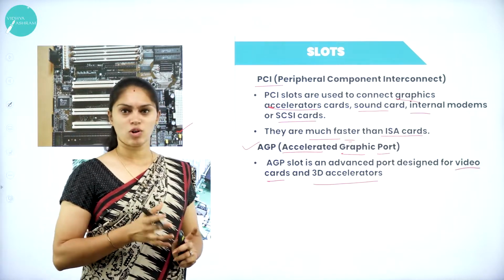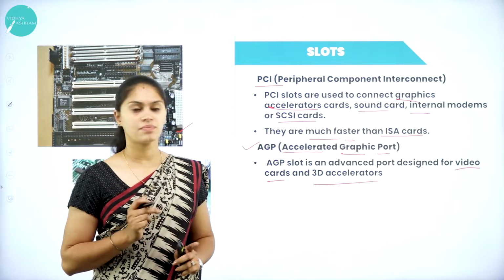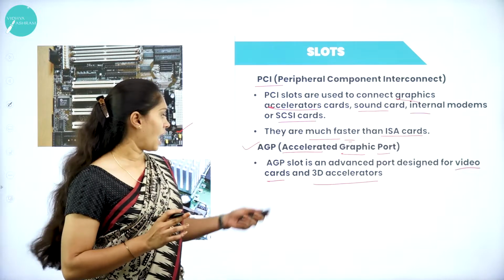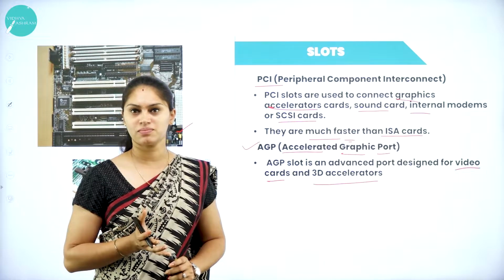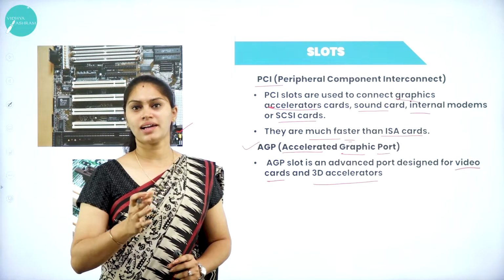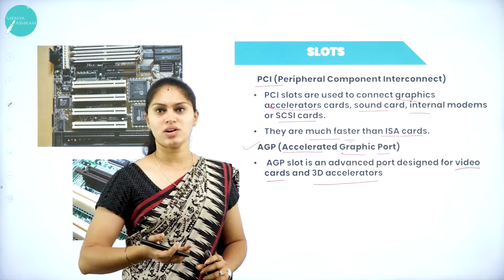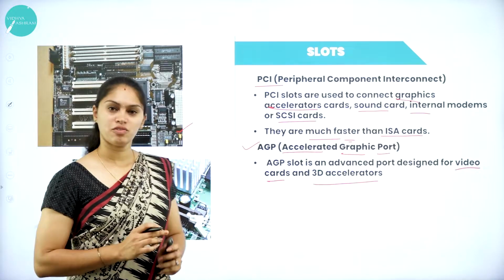That includes sound card, video card and SCSI cards, and they are much faster than ISA cards. AGP is mainly used to improve the quality of video, in gaming or virtual reality, that is, in 3D accelerators and video cards.